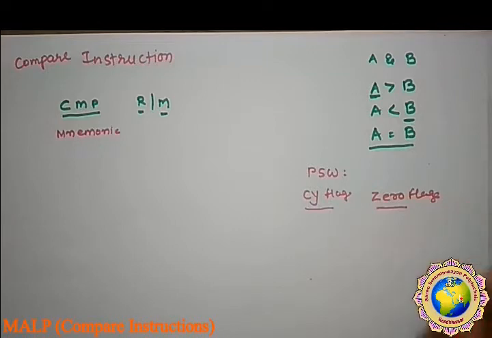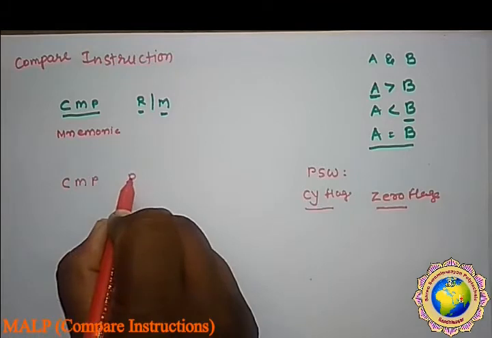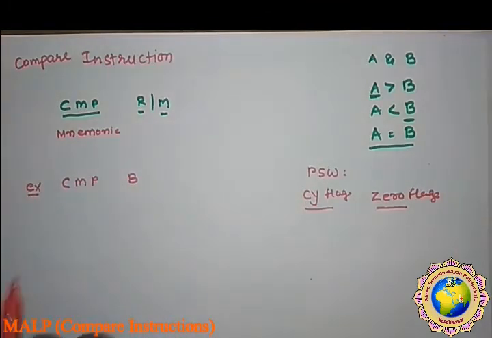Suppose we take the example CMP B. What does it do?